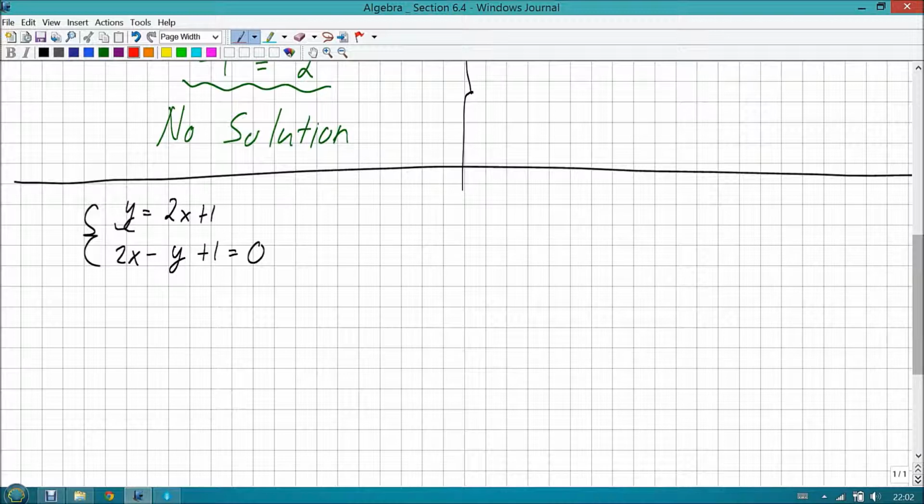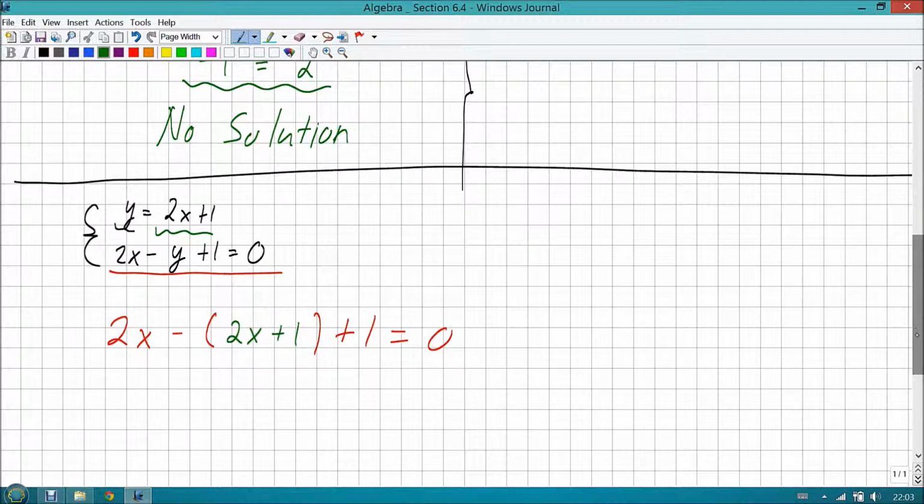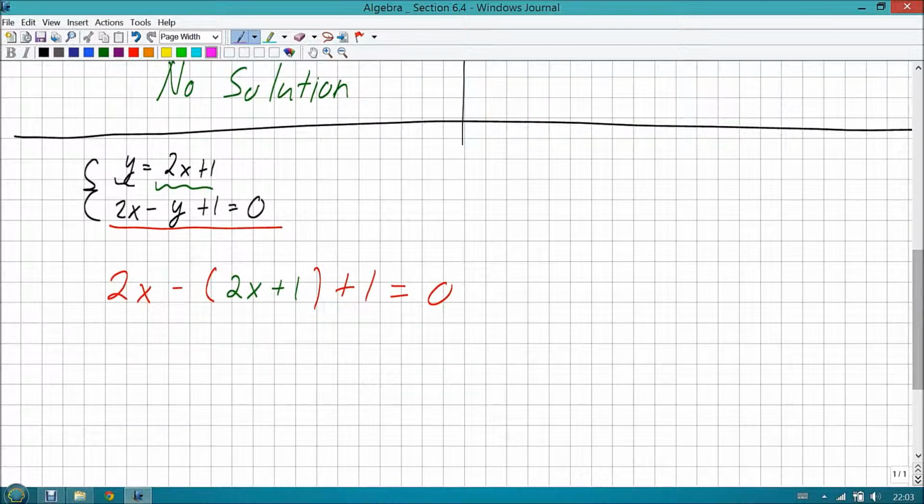So using the sub method, I'm going to use the bottom equation in red, which is going to be 2x minus whatever my y value will become, plus 1 is equal to 0. And of course my y value in green is 2x plus 1, so we plug that in for the y, 2x plus 1.